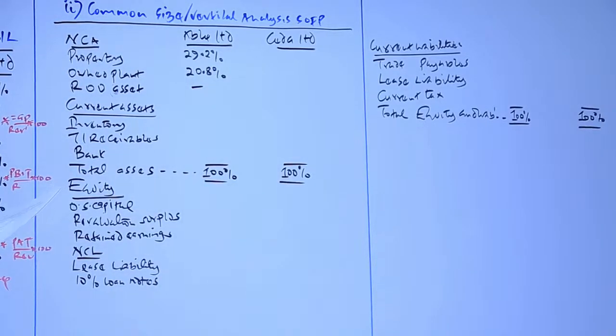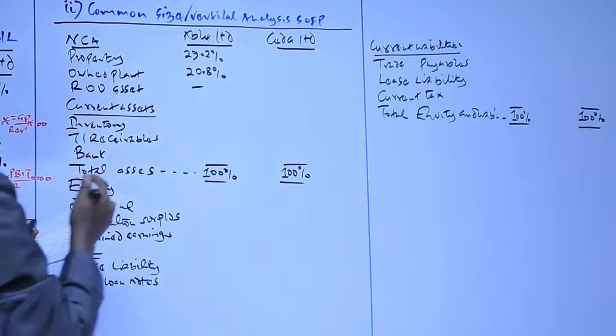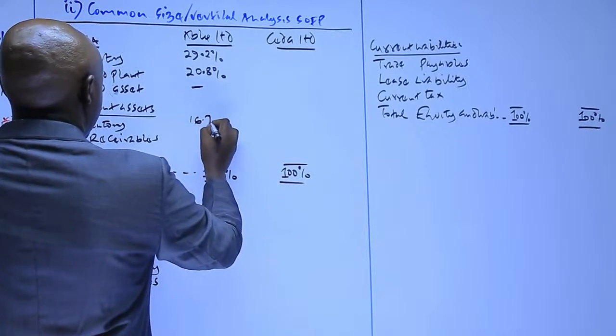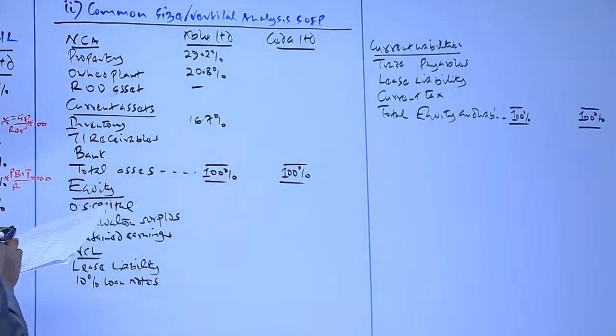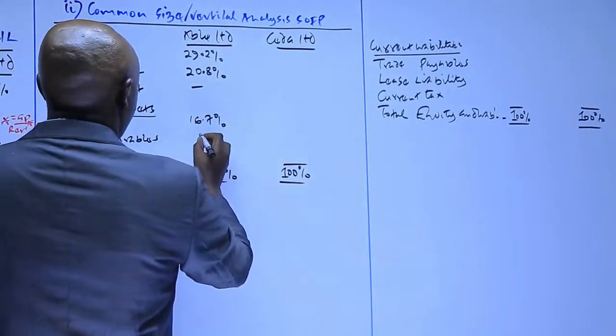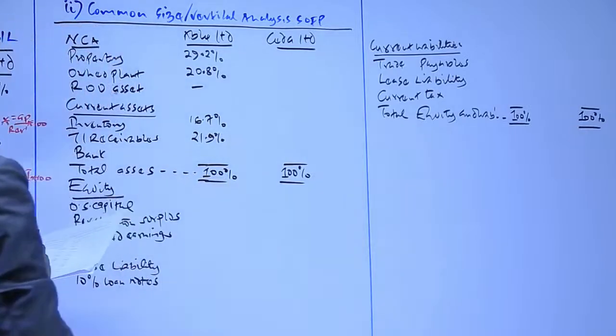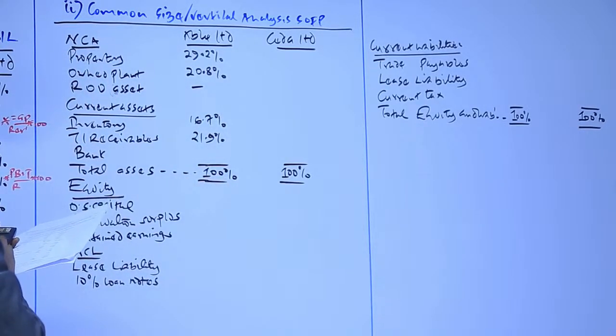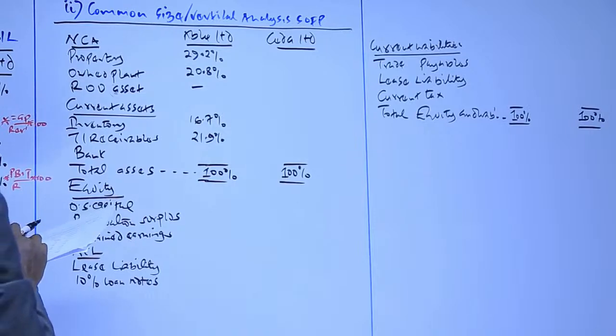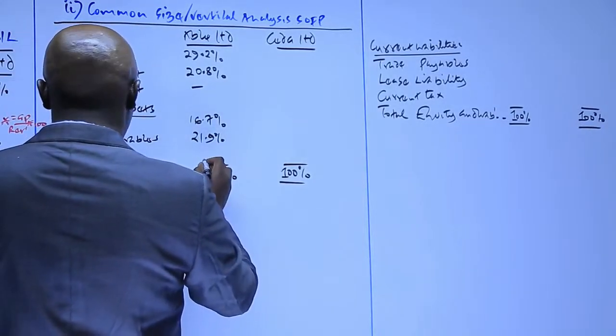What about current assets? We start with the inventory, 5,600 divided by 33,600, which will give us 16.7%. Receivables, 7,350 divided by 33,600, which will give us 21.9%. Then 3,850 divided by 33,600, which is 11.5%.